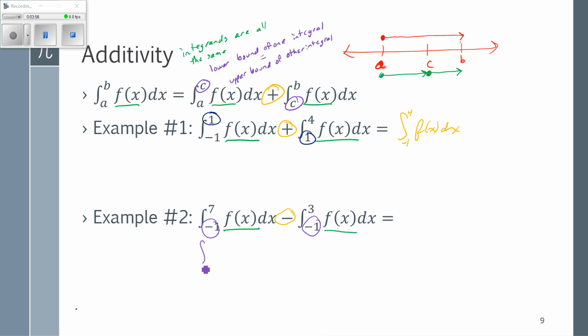If I keep my first integral the same, and I change the order of the bounds on the second one, so 3 becomes the lower bound, -1 is now the upper bound, it changes the sign because I changed directions, and that becomes a plus. Well, now I've met the conditions for additivity, and I can say this is the integral from 3 to 7 of f of x with respect to x.